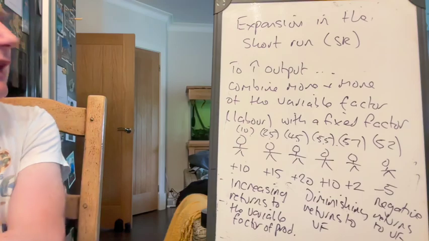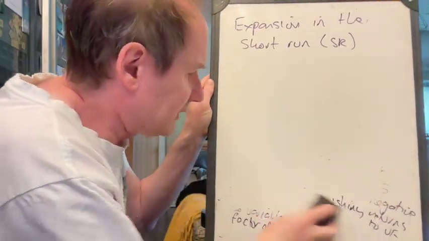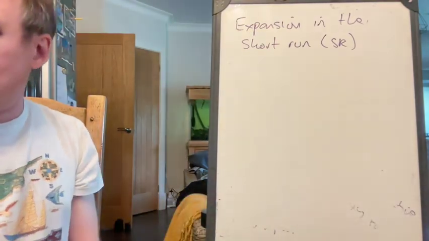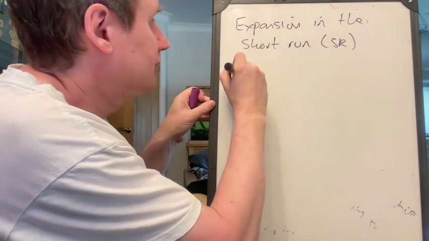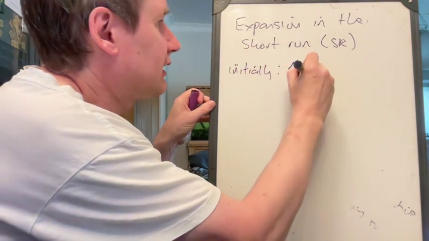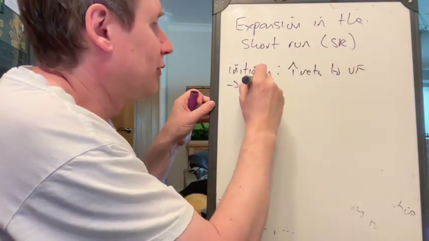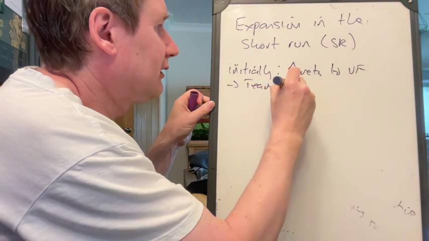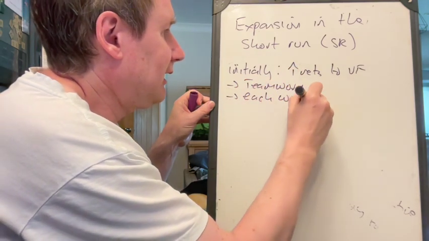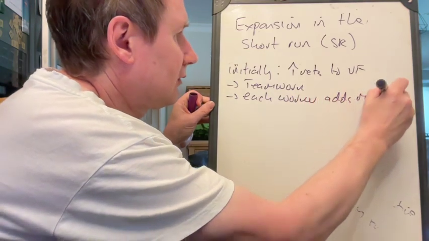So if we sum that up, as we expand in the short run, initially we have increasing returns to the variable factor. The reason for that is that we have teamwork, and each worker adds more than the one before.